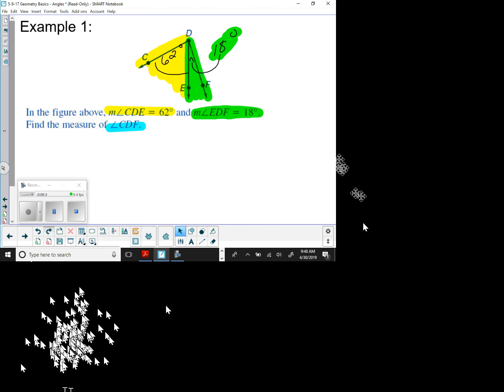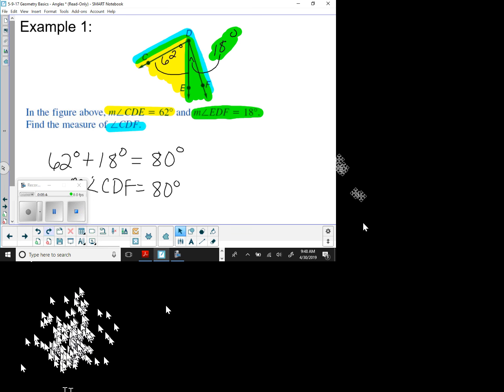If you add those two together, it's the whole thing, CDF. 62 plus 18 equals 80 degrees. All right. So the measure of angle CDF is 80 degrees.